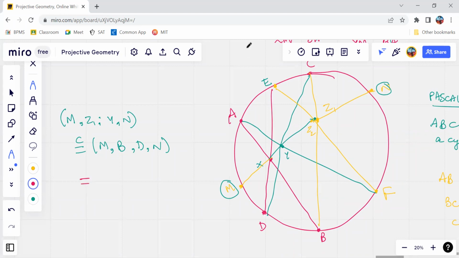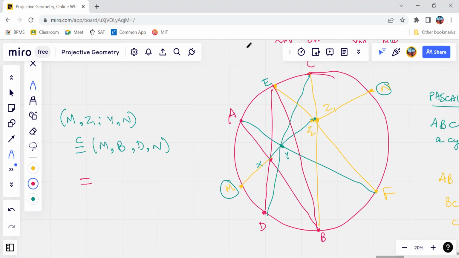Then note we can take MBDN to MCEN. Wait, how do you take this to MCEN? If you project through point E, then B does not go to C. Yes.